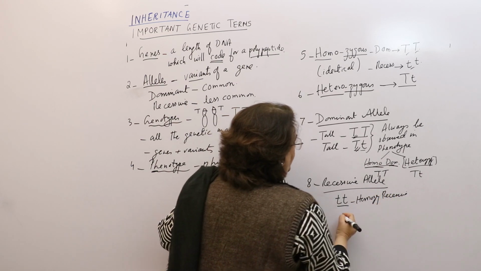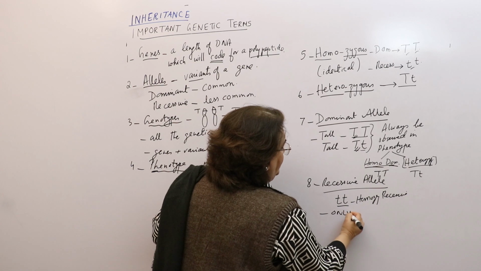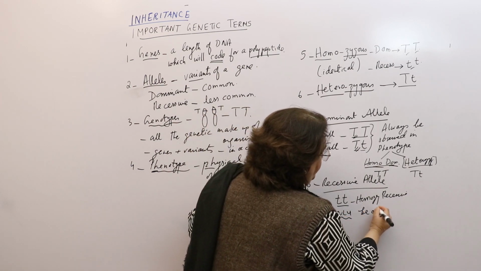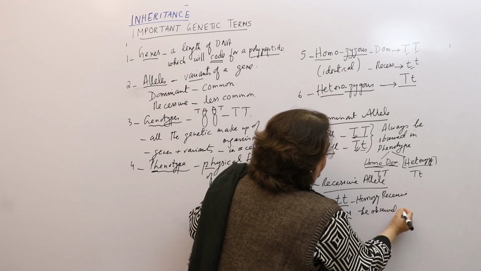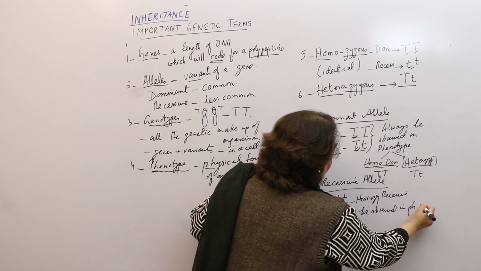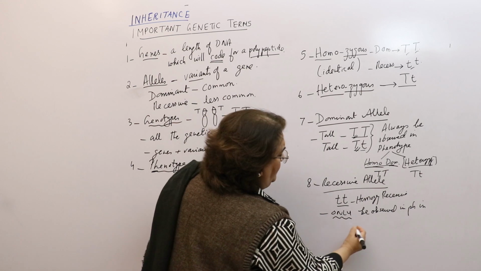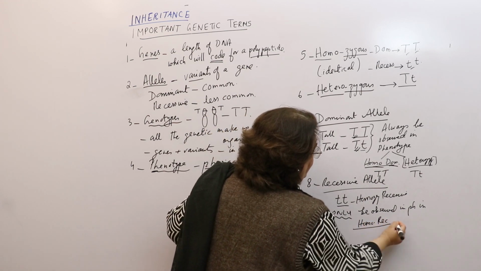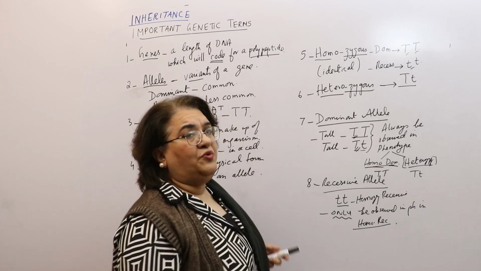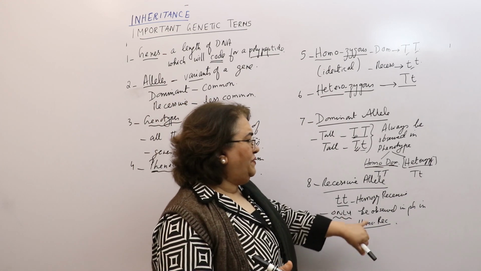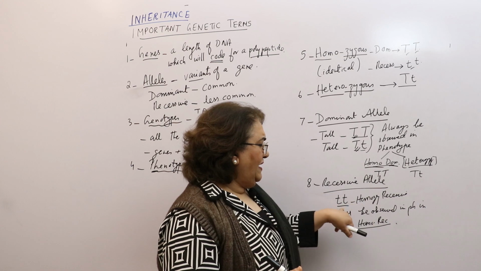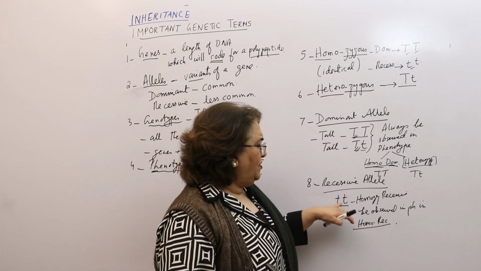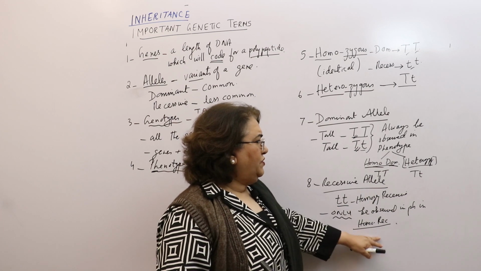A recessive allele will only be observed in the phenotype when it is in the homozygous recessive condition, meaning the allele next to it is also recessive. If there's a dominant allele next to it, it will not be observed in the phenotype, only when it has the small t and small t together.